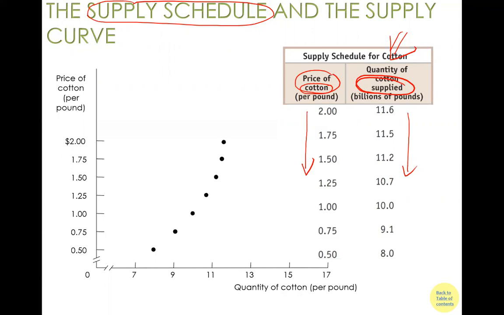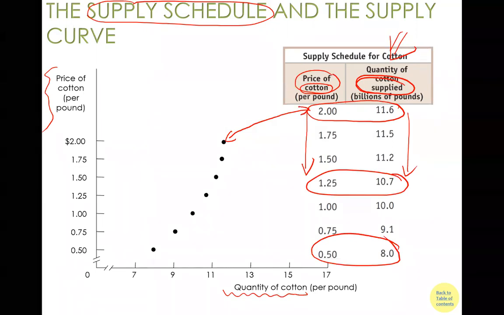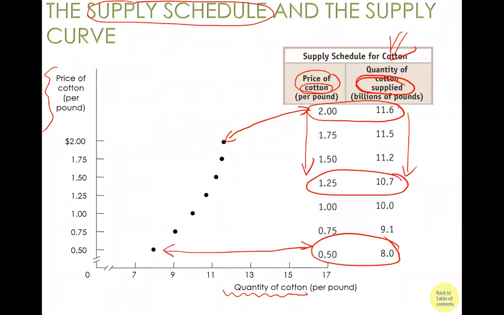We put those data points on this diagram or coordinates. Similarly, we have quantity on the horizontal axis and price on the vertical axis. Right? When we put those dots, for example, these dots represent the first row, and these dots represent the last row in our supply schedule.